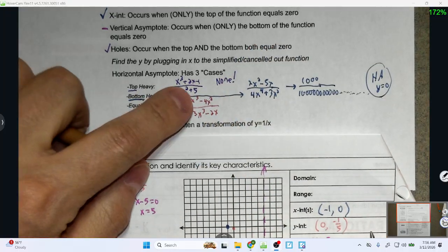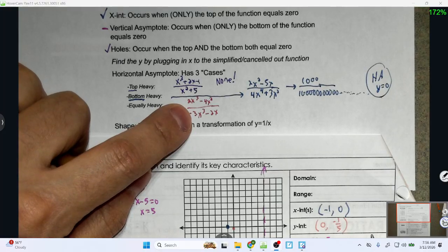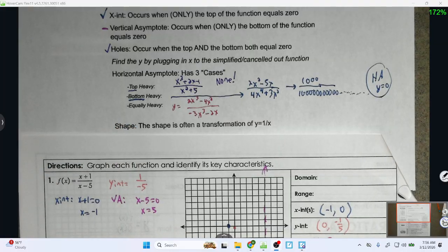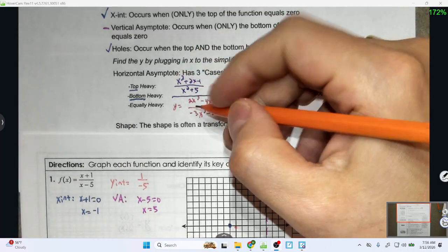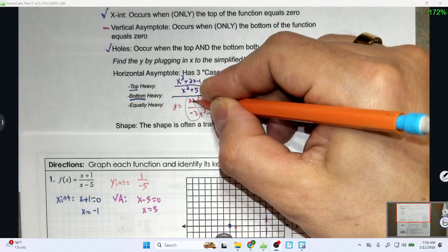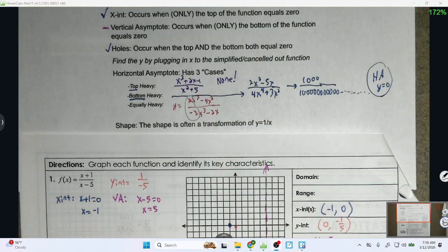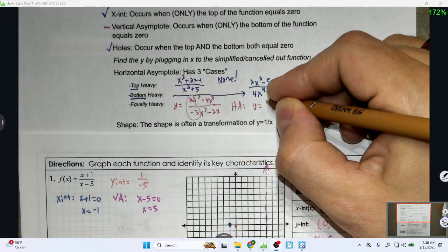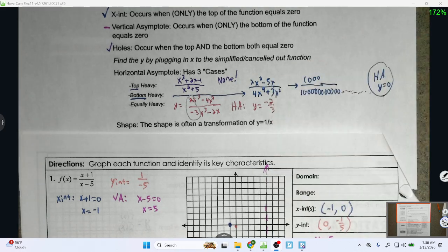Do you see how they're both third power? That's the highest power. Since they're equally heavy, you just take the two coefficients and divide them. So the horizontal asymptote for this one is y equals negative 2/3.